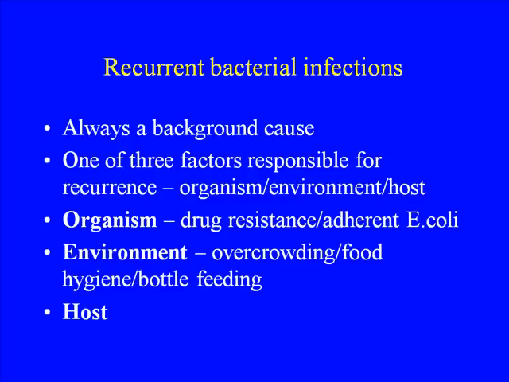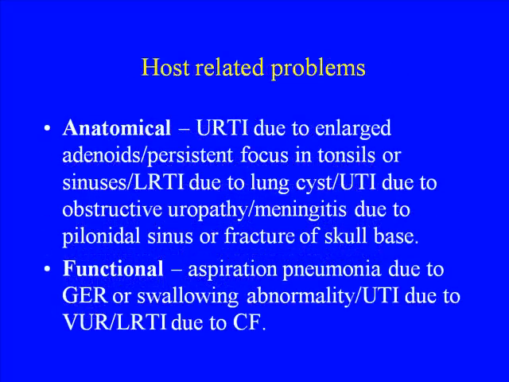Therefore, largely, when it's a recurrent bacterial infection, the host is responsible. And let's look at the host, what's happening to the host. Well, the host has three kinds of problems, obviously, an anatomical one, and I was listening to the case presentation, you had a congenital malformation, and that could come as a recurrent infection. I also saw some of you arguing whether it was a shift or a collapse or agenesis or hypogenesis or whatever.